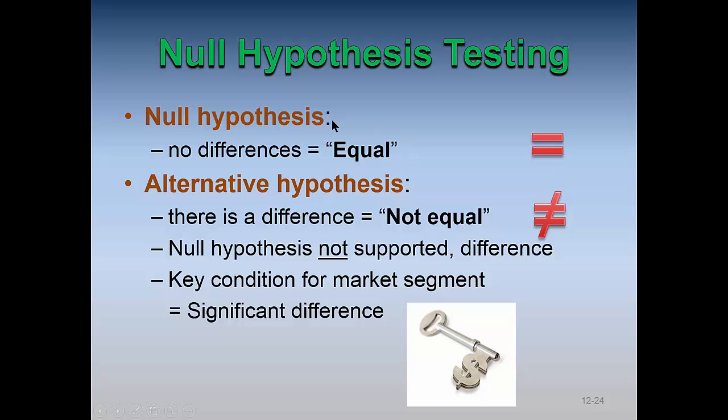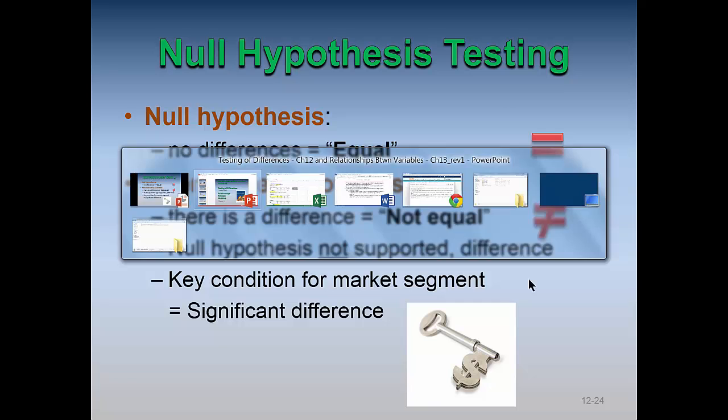If it's equal, that means that there's no big difference between the way males and females relate to the nutrition statements. If it's not equal, that means there is a difference, which could mean a key condition for a market segment. In other words, a significant difference. So let's go ahead and do that.